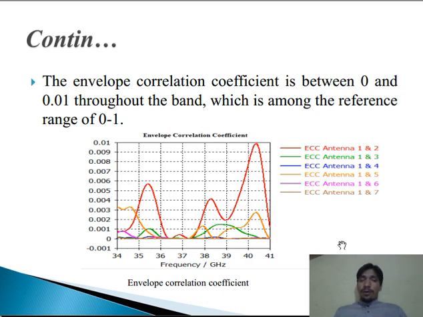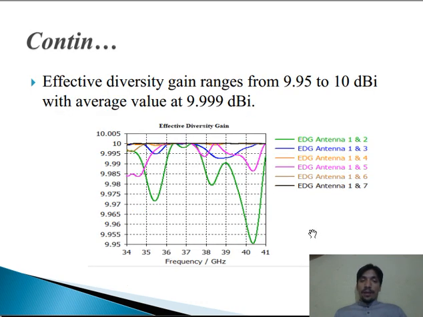This one is the envelope correlation coefficient. From most papers we saw that the envelope correlation coefficient should be less than 0.3 or 0.7, but in our design we have achieved an envelope correlation coefficient that is much lower, that is 0.01. This is the effective diversity gain.